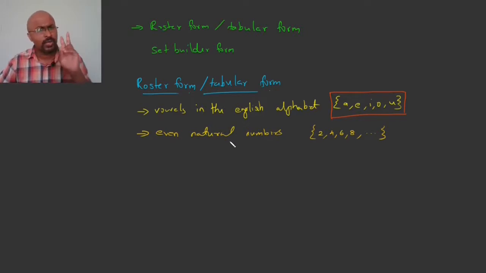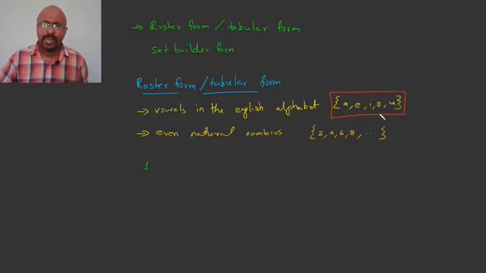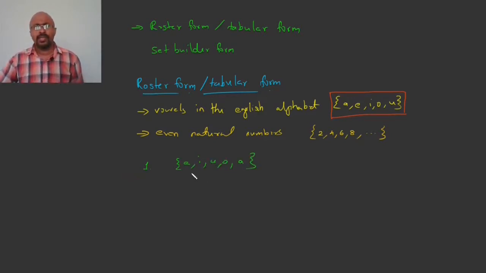You have to remember 2 points while representing a set in roster form. The first is that the order in which the elements are listed is immaterial. That is, if you write the vowels in the English alphabet like this, E, I, U, O, A, then there is no difference between this representation and the earlier one.